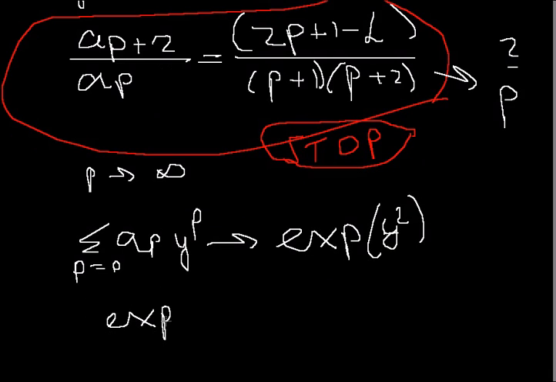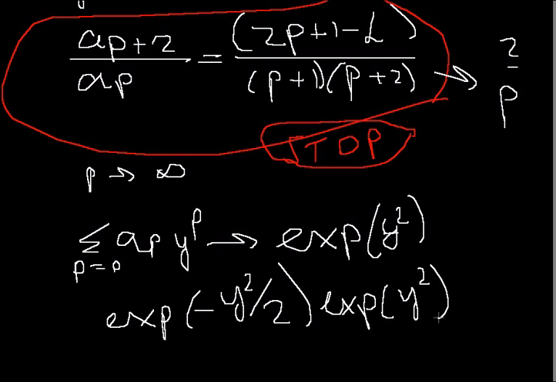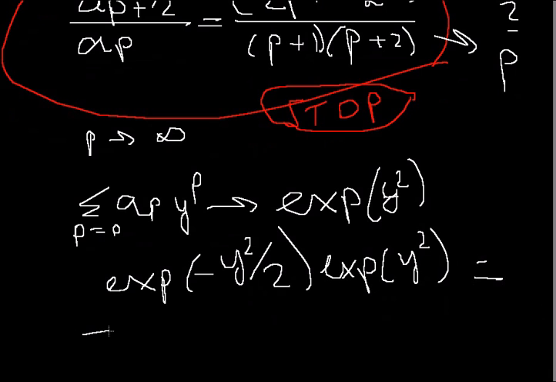We have, of course, the second exponent with minus y squared divided by 2. But after multiplication of these exponents at infinity, we gain the following form of dependence when y tends to infinity.